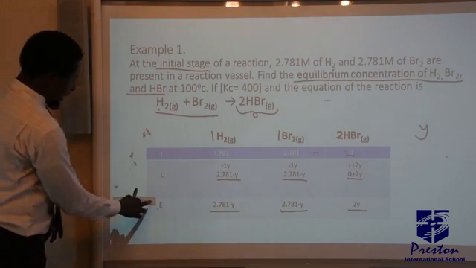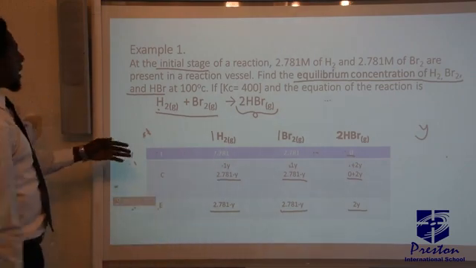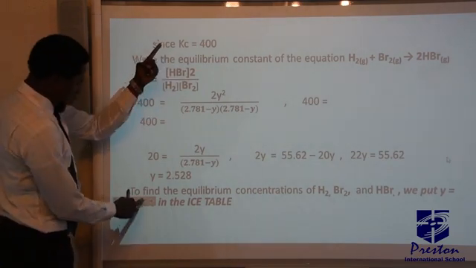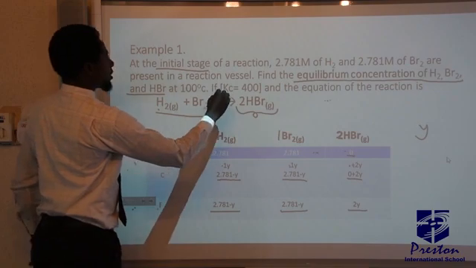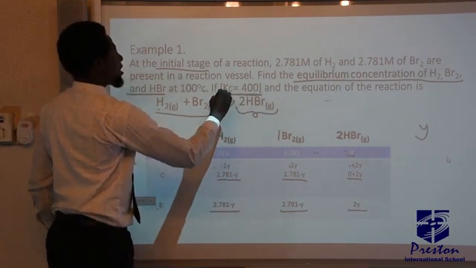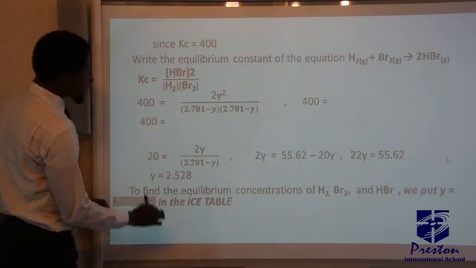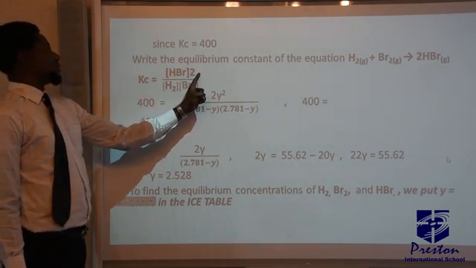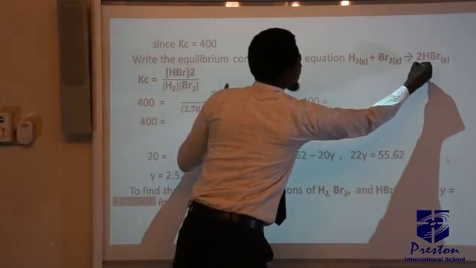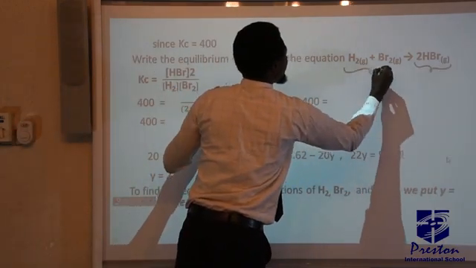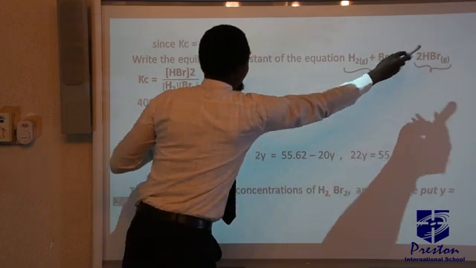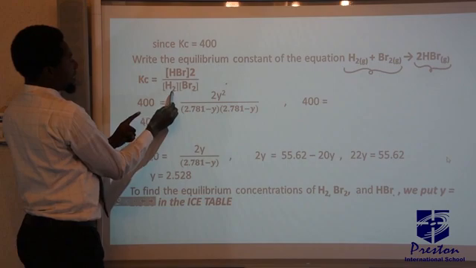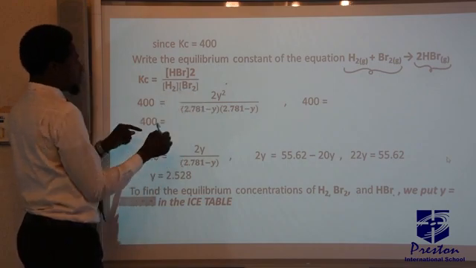So from what we have here now, we can easily proceed, in as much as they have given us in the question the equilibrium constant, that's 400. So we just substitute that. You write the equilibrium constant expression of that reaction, that is product divided by the reactant. Don't forget to put the number of moles of the product as the power. That's why we have [HBr] squared divided by [H2] times [Br2], that is their concentrations.